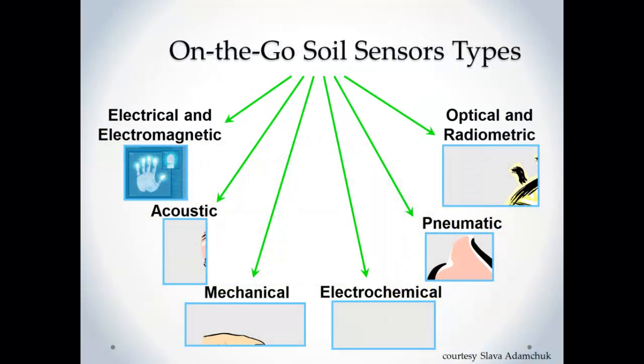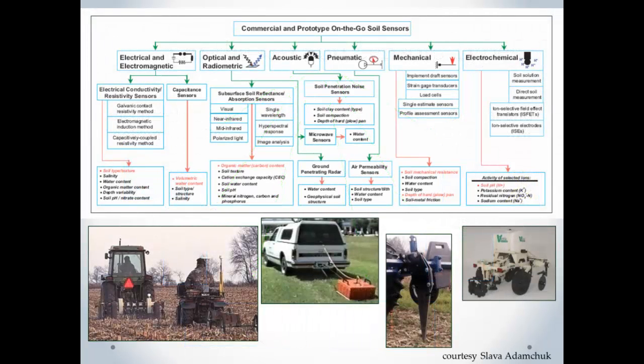So that introduces the concept of sensors, and Adamchuk put this slide together demonstrating to a more general audience the different types of sensing you want to consider. And then taking these 6 different types of sensors, he built this chart that helps to illustrate some of those things that we have available currently or in development.